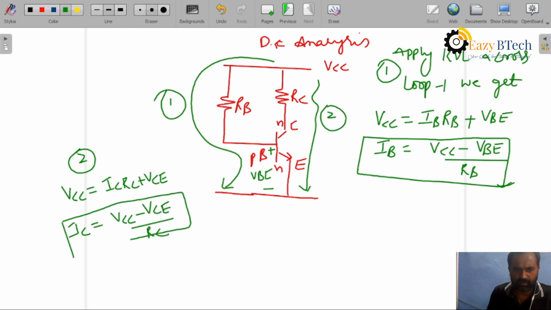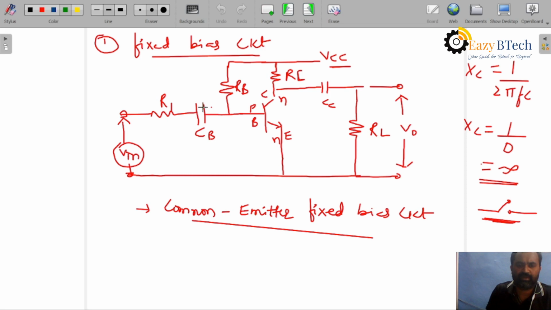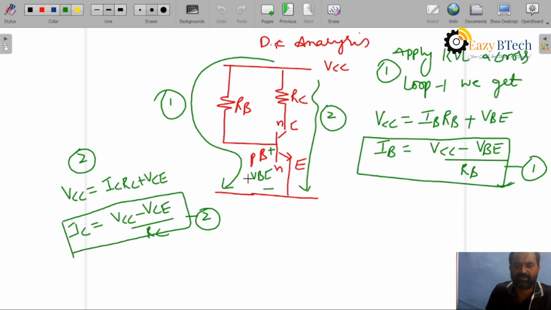These are the two equations, equation 1 and equation 2. These are the two types of DC analysis, by making the capacitors open circuit, and we obtain this circuit and write these expressions. This is a fixed bias circuit.